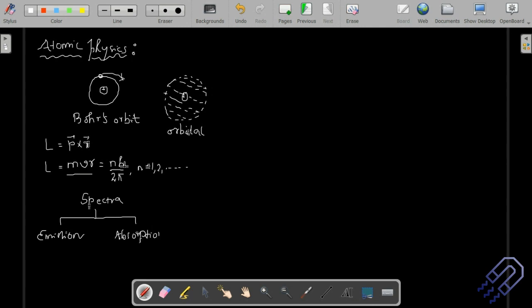Whenever we are talking about an atom which is at the ground state, we are exciting it, so it is absorbing some radiation, which will give rise to an absorption spectra. But when we have an atom and allow it to relax, it gives out some radiation, which is the result of emission spectra.